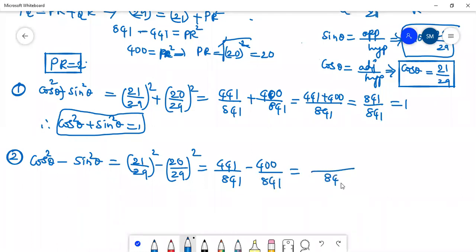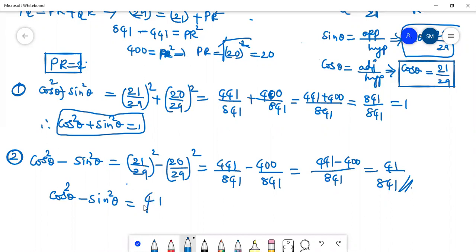Taking the LCM 841, in the numerator 441 minus 400 equal to 41 by 841. Therefore, cos square theta minus sin square theta is equal to 41 by 841.